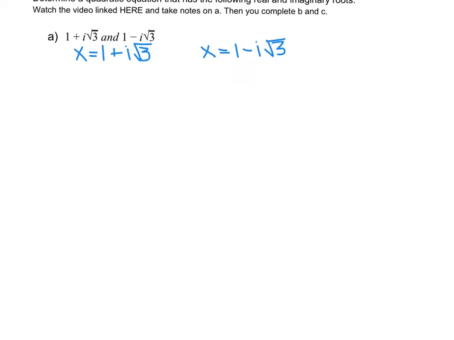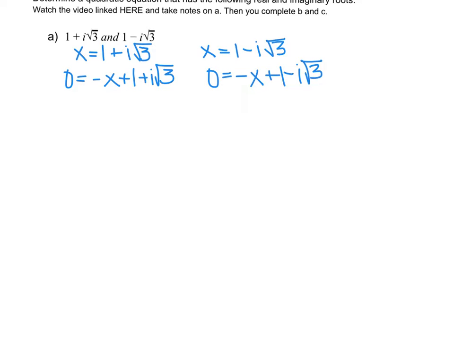So we're going to subtract x from each side, and we have 0 equals negative x plus 1 plus i root 3, and 0 equals negative x plus 1 minus i root 3. And these are our two factors.